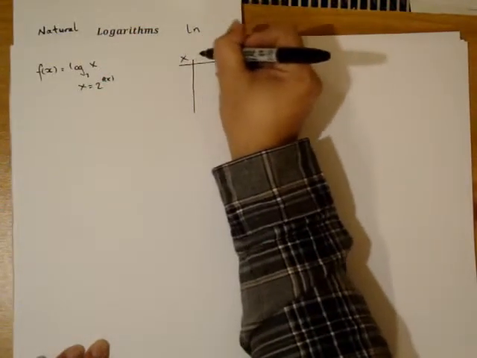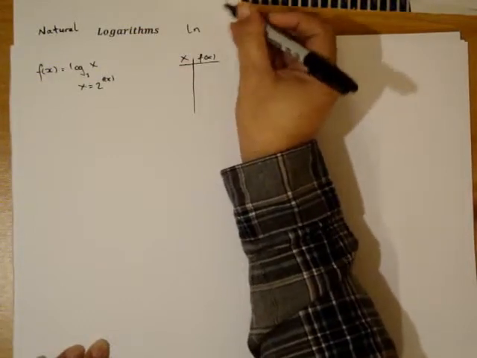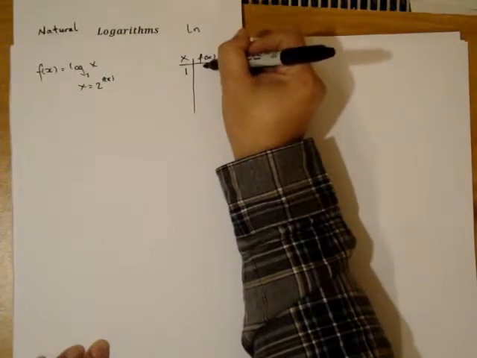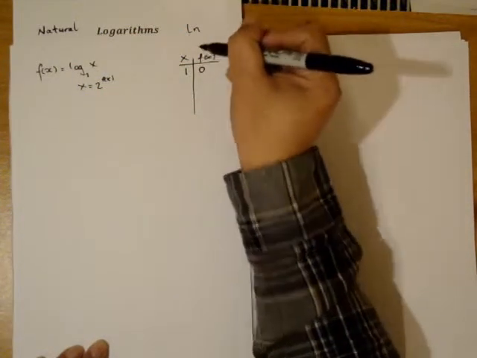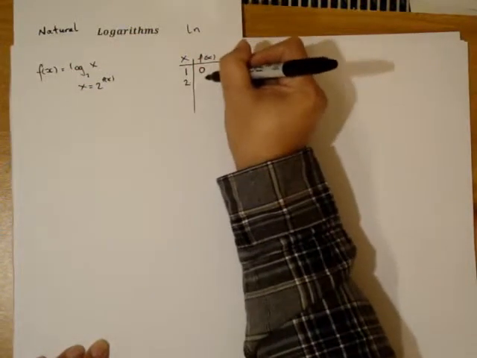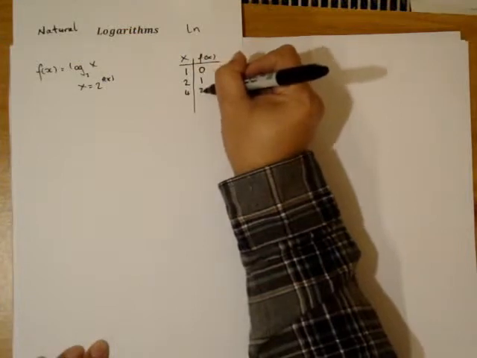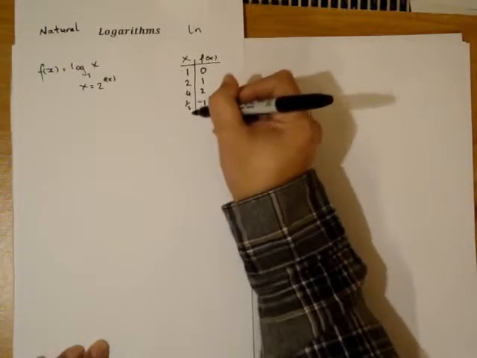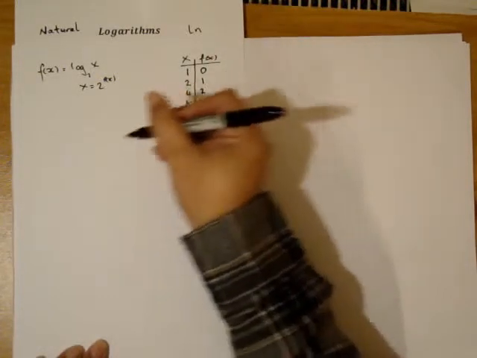So this would be x, this would be f of x. For 1, what power of 2 gives you 1, so it's 0. For 2 it's 1, for 4, 2, for a half it's minus 1, and for a quarter minus 2.